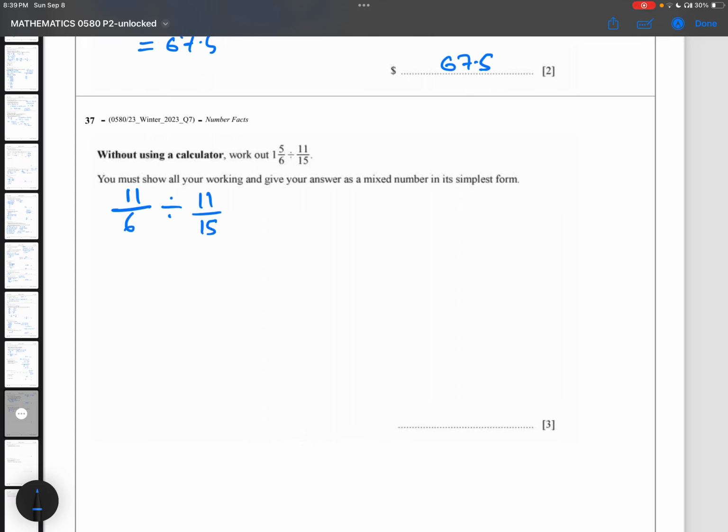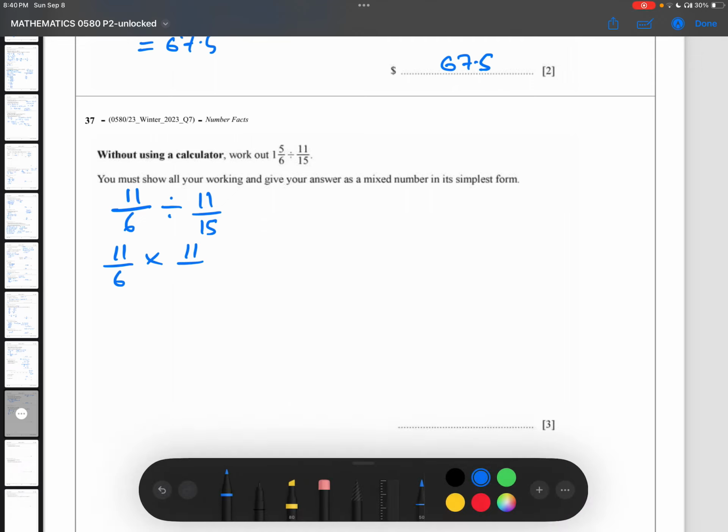Whenever we have division sign between the fractions, we just change it into multiplication sign and take the reciprocal of the next fraction. The reciprocal of 11 upon 15 is 15 upon 11.